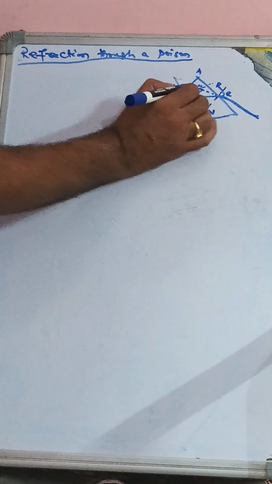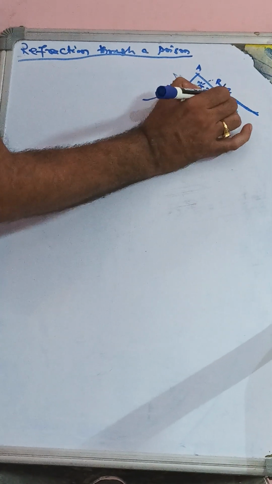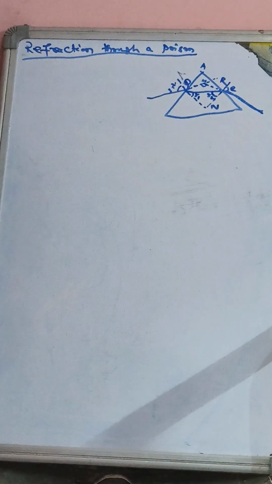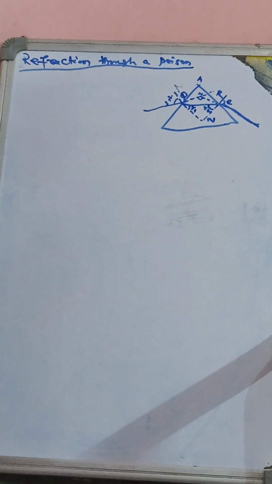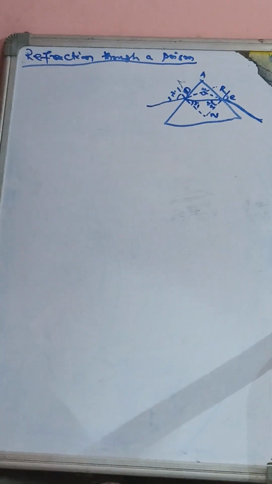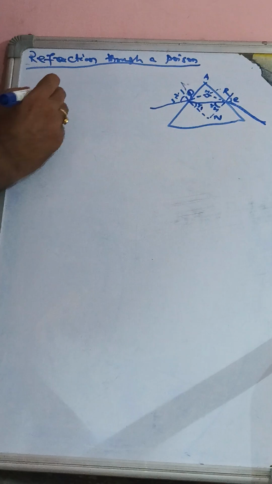Then this is R1 and this is R2. In triangle MQR, R1 and R2 join. Then AQNR is a quadrilateral.